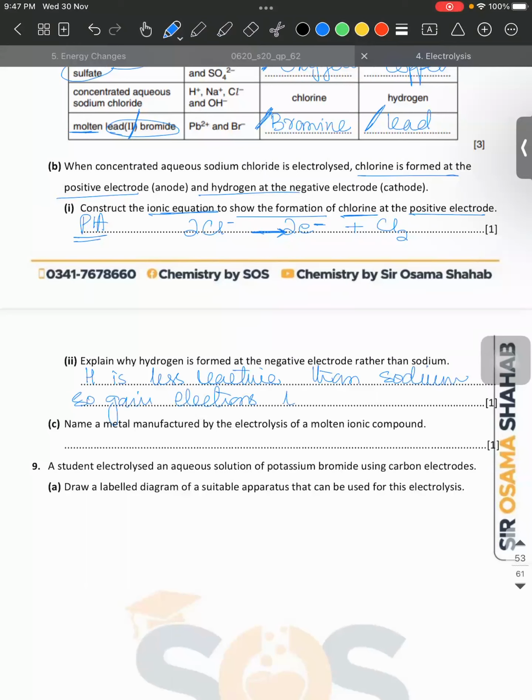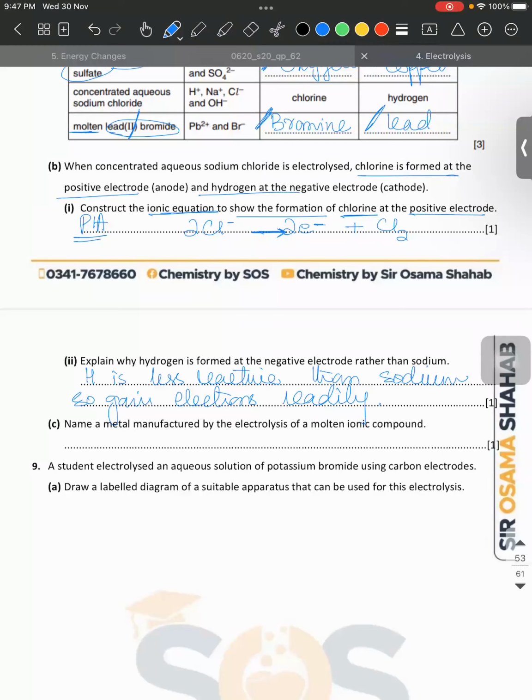You need to remember less reactive always gains electrons first. So this is the actual way of the production at cathode. वो अगर इलेक्ट्रॉन गेन नहीं करेगा तो प्रोडक्ट नहीं बनेगी, ठीक है ना? वो लेस रिएक्टिव है इसलिए इलेक्ट्रॉन गेन कर रहा है, बट वो इलेक्ट्रॉन गेन कर रहा है तभी तो लेस रिएक्टिव कहला भी रहा है ना. So they both are the same thing. They both should be connected together. So you need to write like this.